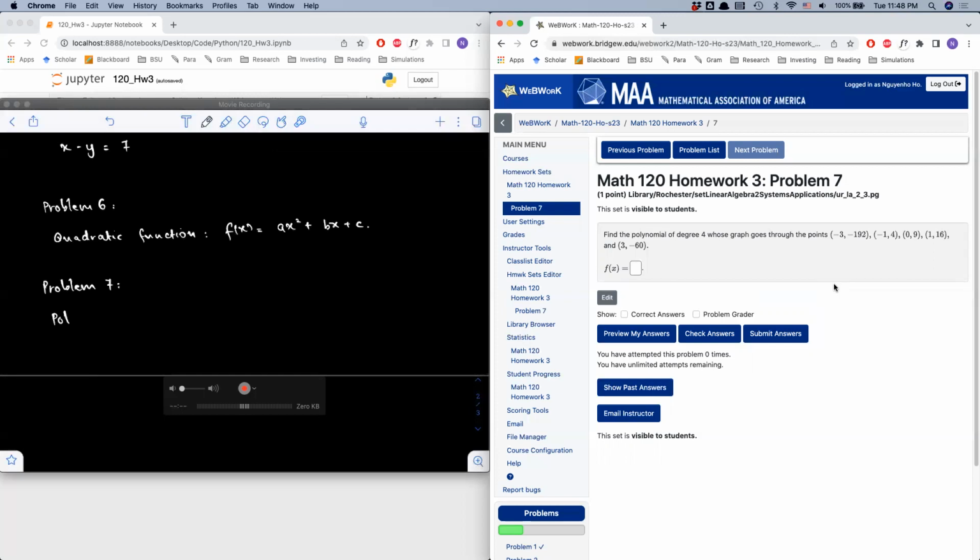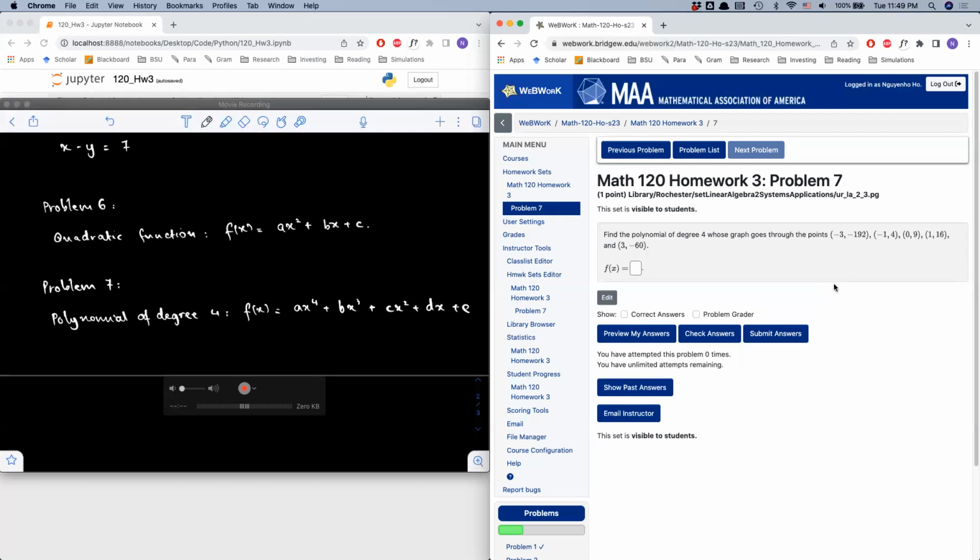So a polynomial of degree 4 is of the form f of x equal to ax to the 4th power plus bx cubed plus cx squared plus dx plus e, right?